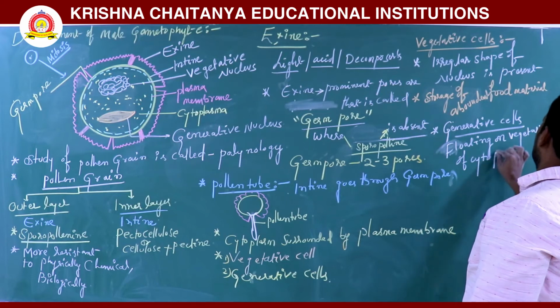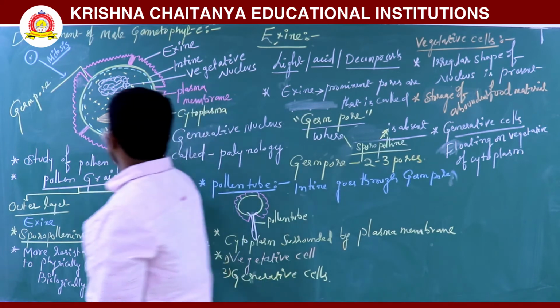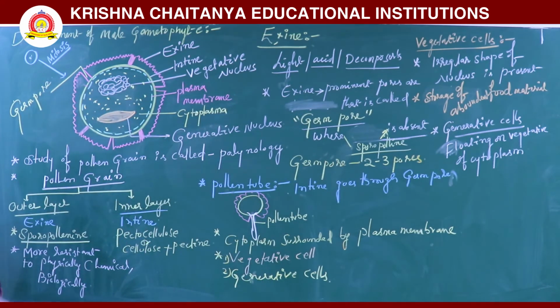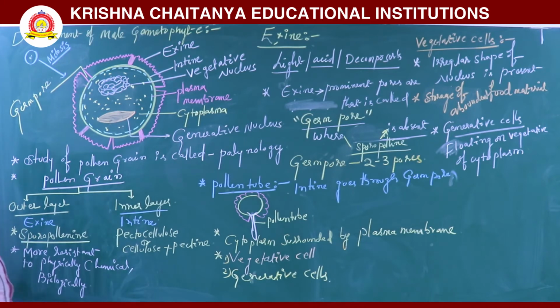See here, which one is this? The vegetative cell. The vegetative cell has an irregular shape and stores abundant food materials. The generative cell is floating on the cytoplasm of the vegetative cell.